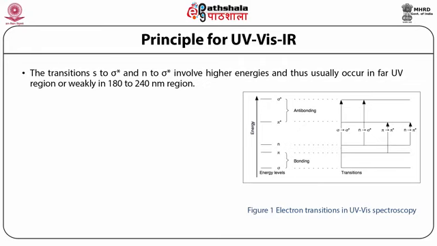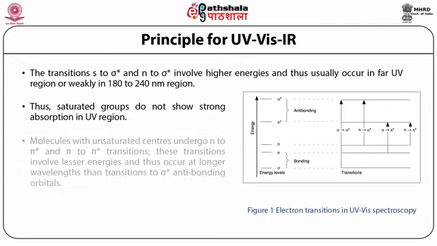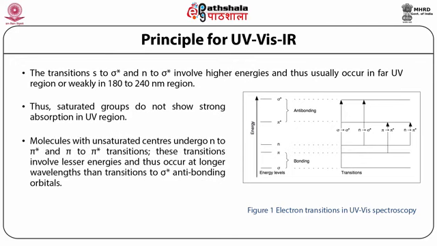Thus, saturated groups do not show strong absorption in the UV region, so molecules with unsaturated centers undergo n to pi star and pi to pi star transitions. These transitions involve lesser energies and thus occur at longer wavelengths than the transitions to sigma star anti-bonding orbitals.